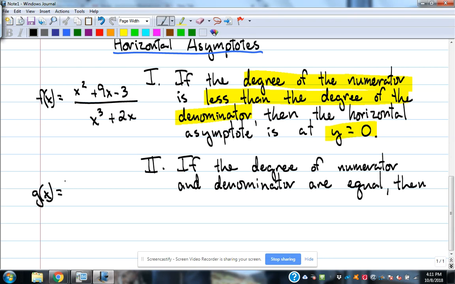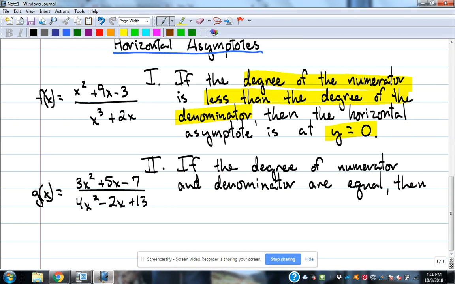Here's a rational function, maybe something like 3x squared plus 5x minus 7 over 4x squared minus 2x plus 13. I know that neither of those trinomials will factor, so that's why I picked those.